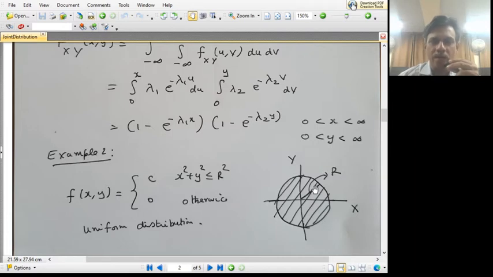And not only that, within this region the probability density has a uniform value. So f_XY of x comma y is equal to a constant c in the region x squared plus y squared less than or equal to r squared, and it is 0 otherwise. So in the shaded region it is uniformly distributed and 0 elsewhere.